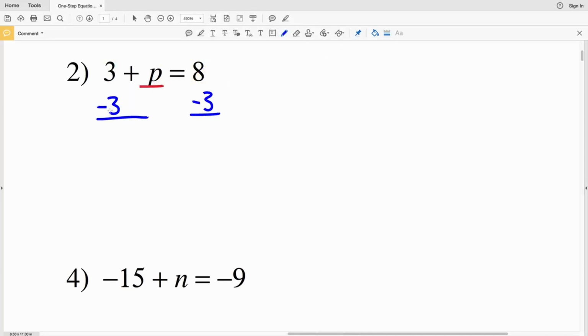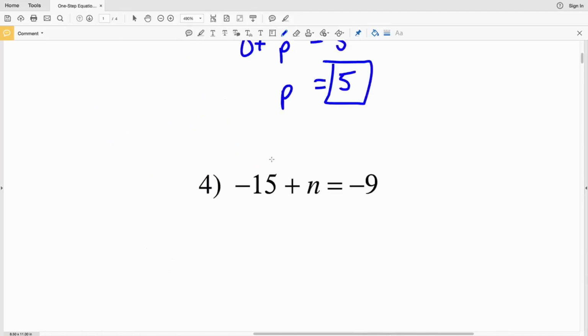So when we subtract the 3 from one side, we're left with 0 plus p, and that's equal to, now we subtract the 3 from the other side, 8 minus 3 is 5. 0 plus p is simply p, and that is equal to 5. So our answer for number 2 is 5.